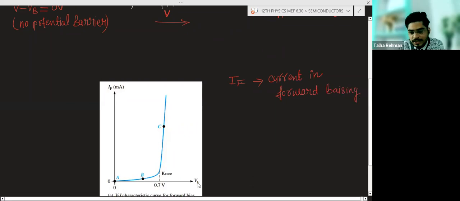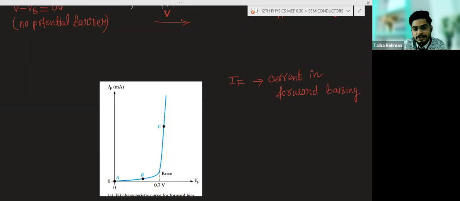VF means the voltage in forward biasing, the applied voltage you can say.